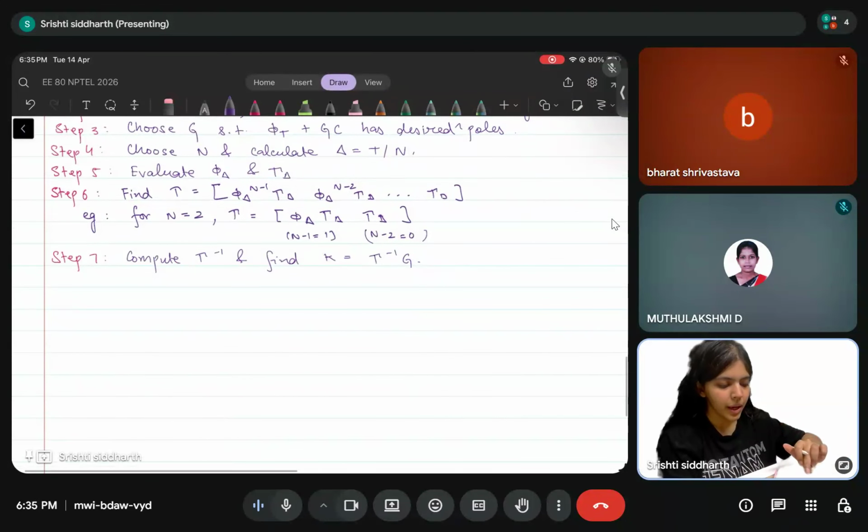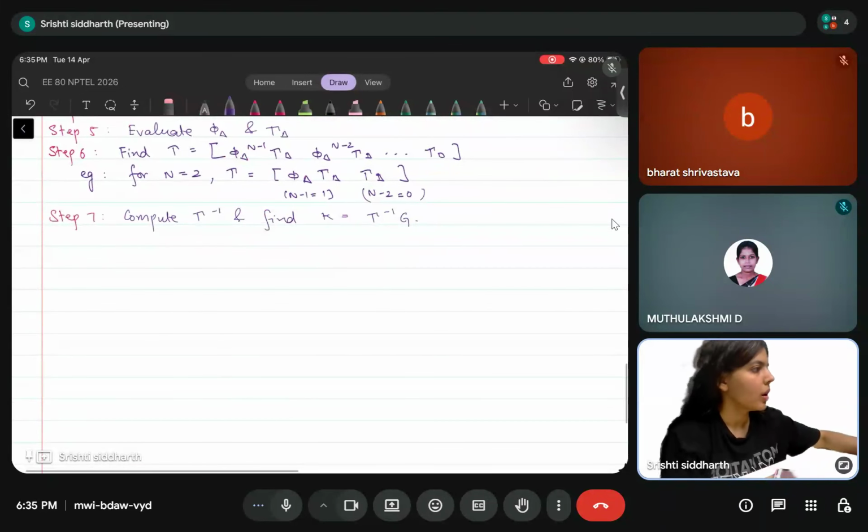So we'll use the same parameters and then design the periodic output feedback control for that system.